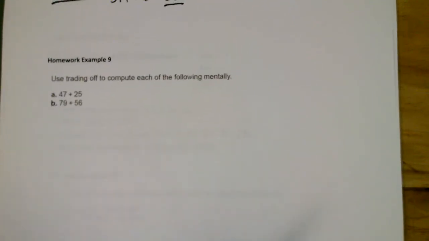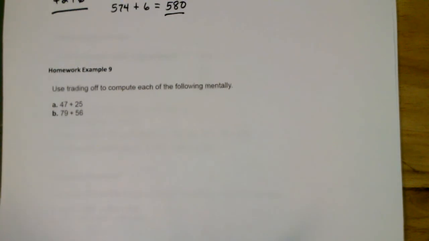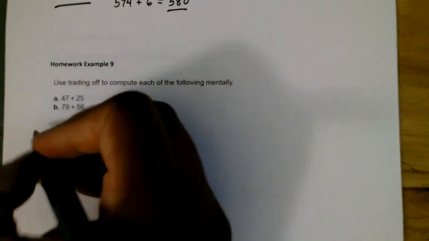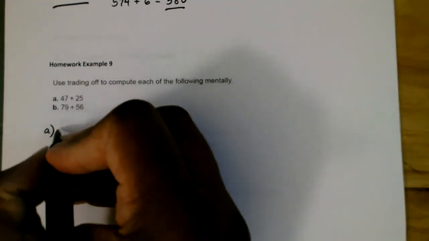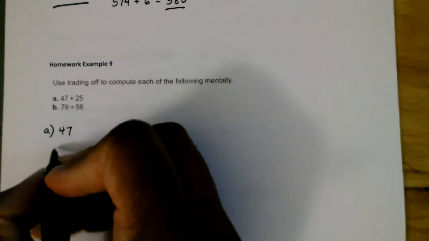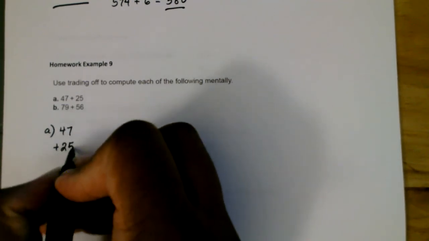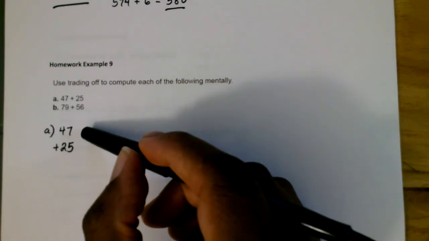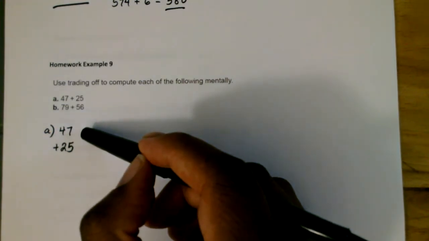All right, now in this next example, let's say I want to use a trading off approach to compute each of these mentally. So let's start with 47 plus 25. Well, let's make 47 a multiple of 10.